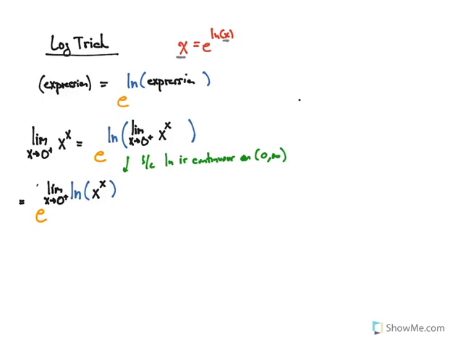So note that now we have e to that limit, and this limit is exactly the problem we did before. I should write down one more step, I guess. This is going to be equal to e to the limit x approaches 0 from the positive direction of x natural log of x.